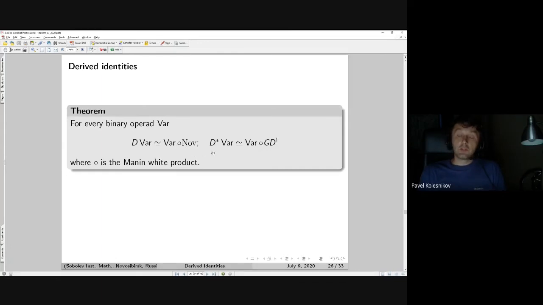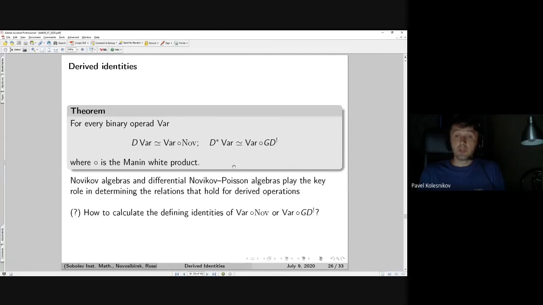In order to get the general derived variety, we have to consider the Manin white product of the operad Var and GD dual, the differential Novikov-Poisson algebras, exactly.